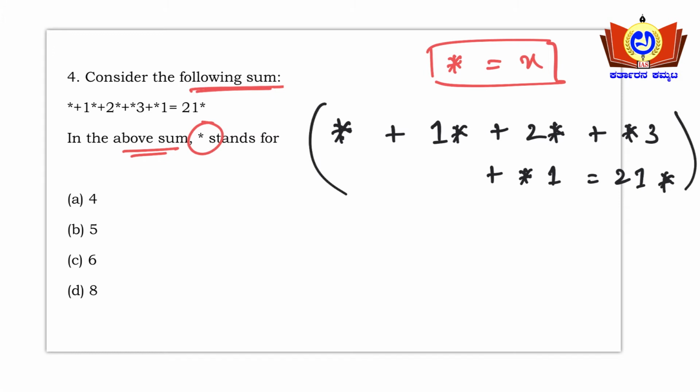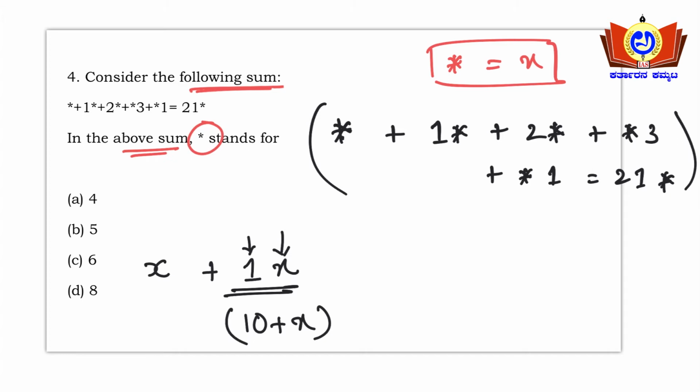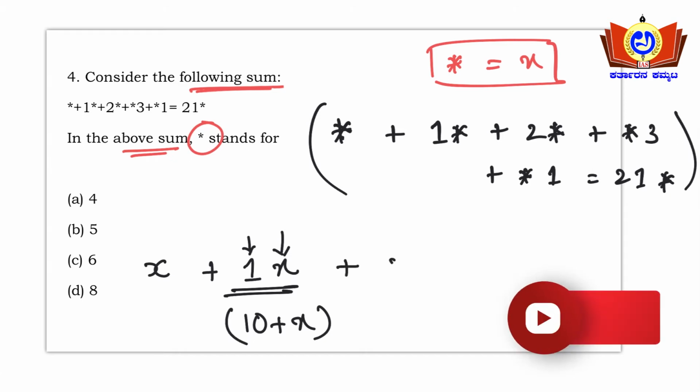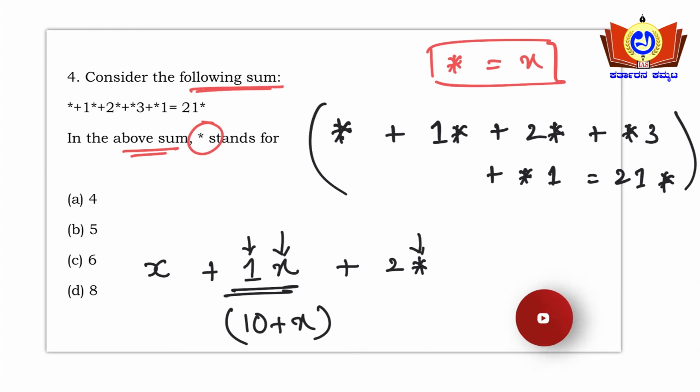So I've considered star as x here, so I'll be writing the x here. So x1, okay, this can be written as, see here, x will be in the units place here and 1 will be in the tens place here. Okay, so this can be written as 10 plus x here. Yes or no? Okay, so similarly 2star is written here. Okay, so again star is x, so x is in the units place and 2 is in the tens place here. Okay, so it can be written as 20 plus x.